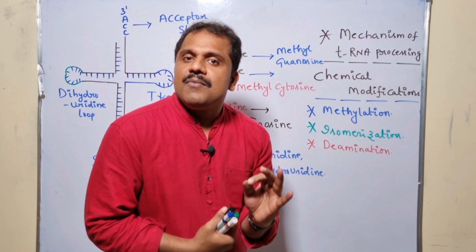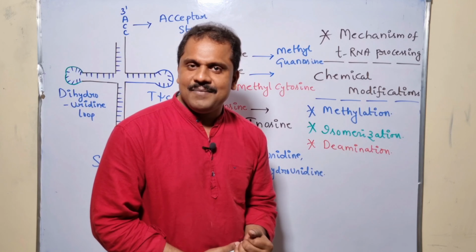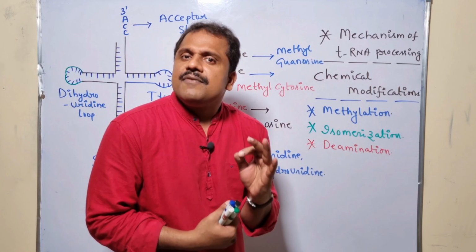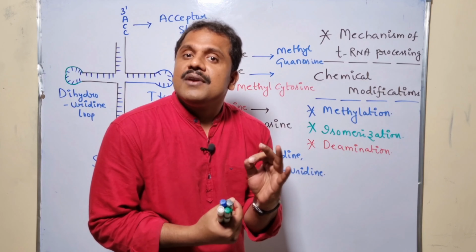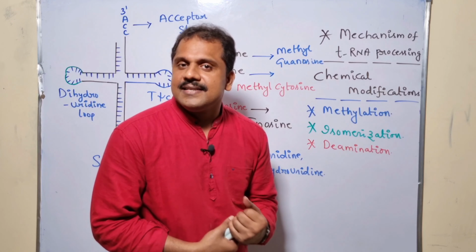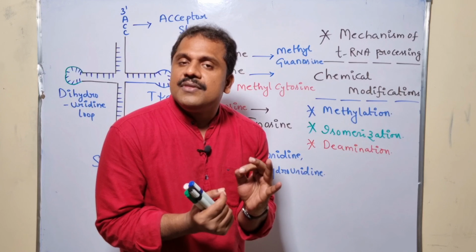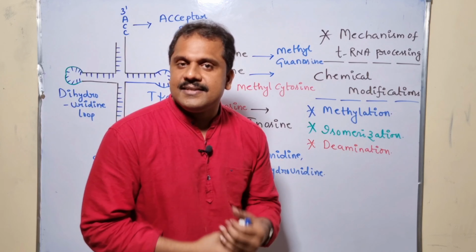As we all know, within the cytoplasm there is a huge number of exonucleases, and these exonucleases are capable of cleaving the extreme ends of the tRNA. So in order to overcome the problem, the tRNA which consists of usual bases undergoes certain chemical modifications. Once the tRNA undergoes chemical modifications, these exonucleases are unable to cleave the extreme ends of the tRNA structure.